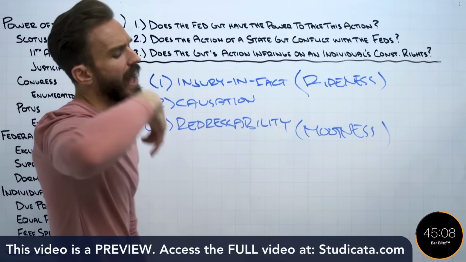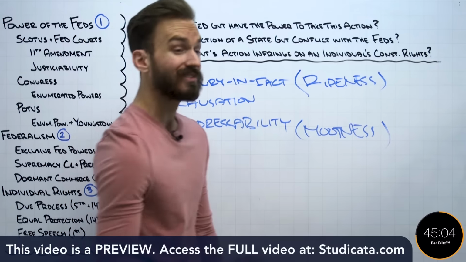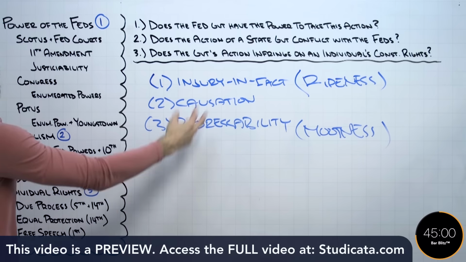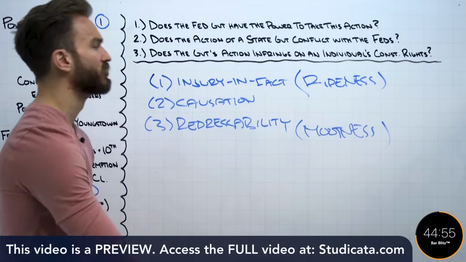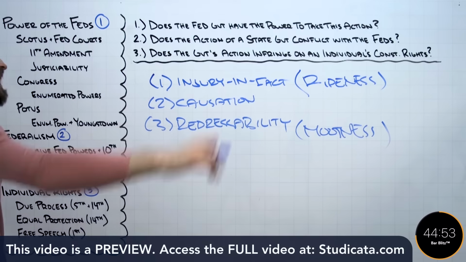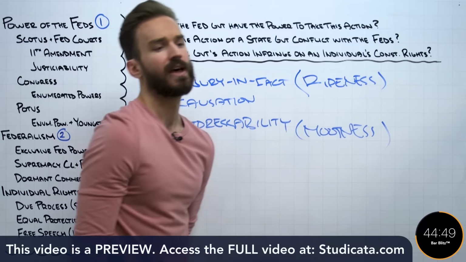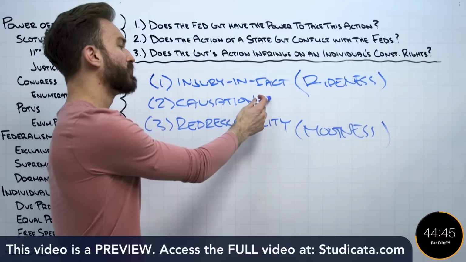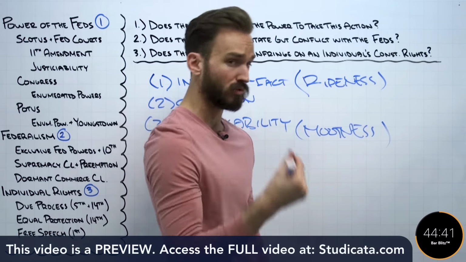Causation is a lot like proximate cause in torts. It's all about whether the plaintiff can trace their injury to the defendant's conduct. A lot of examples we could use here. One of the big ones, though, that you'll see is in taxpayer situations. A taxpayer tries to challenge a government expenditure. They're not going to be able to trace the government's spending of their money to their actual injury.